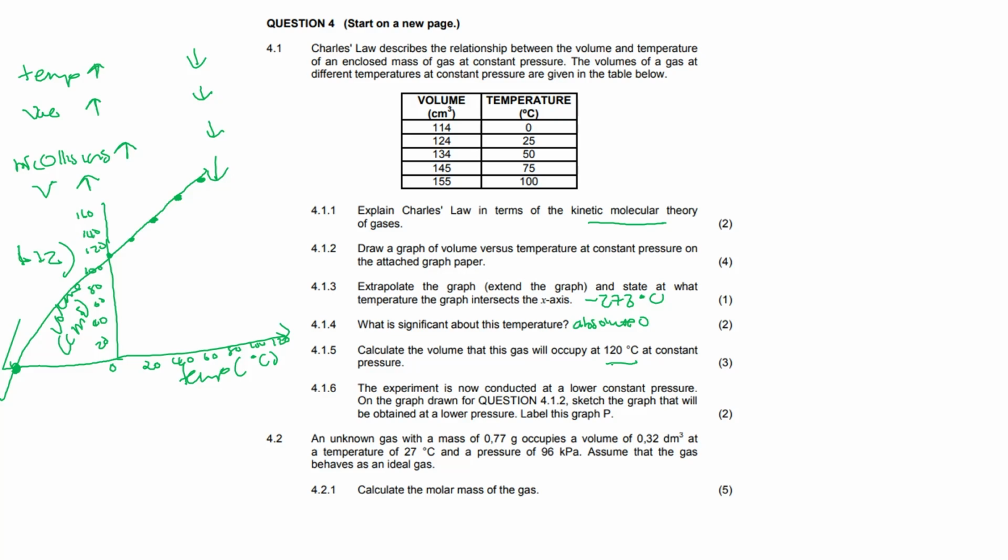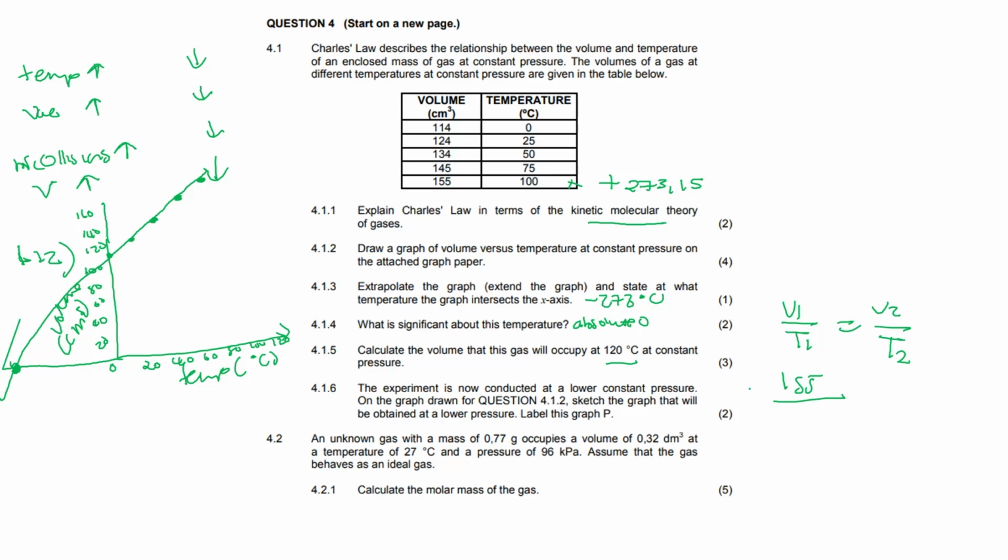4.1.5. Calculate the volume that the gas will occupy at 120 degrees Celsius at constant pressure. So I'm going to use this formula. Volume over temperature is equal to volume over temperature. They've given us the volume of the gas, 155. The temperature is 100. So we work in Kelvin, so we've got to add 273,15 to that 100 to get Kelvin.